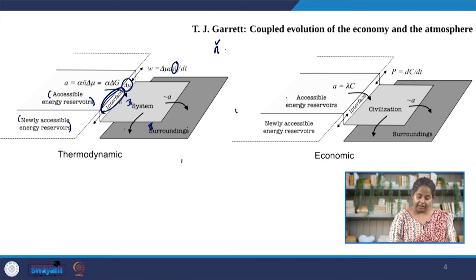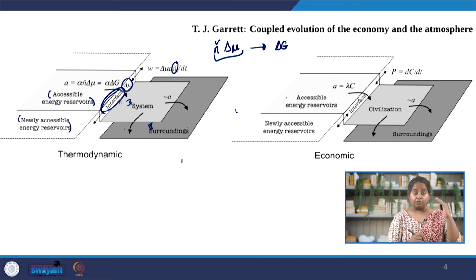If I multiply del U and this sign, this gives me an idea of the size of the interface. Again, thinking from a thermodynamics perspective, this is telling me about delta G, which is the energy difference between the reservoir potential level and the system potential level.